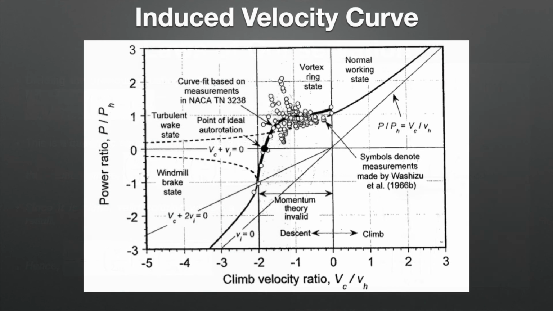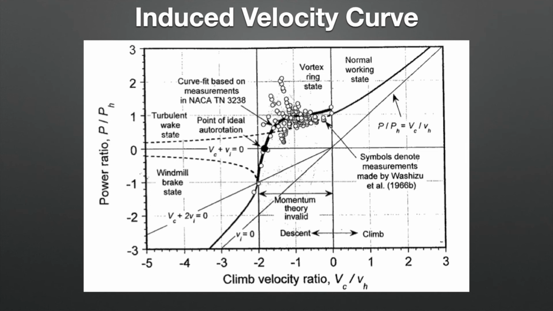The results of this analysis are shown in this figure. It is the induced velocity curve, induced velocity variation as a function of climb and descent velocity based on the momentum theory which we have studied in this video. As you can see in this curve, as the climb velocity increases, the induced velocity at the rotor decreases.